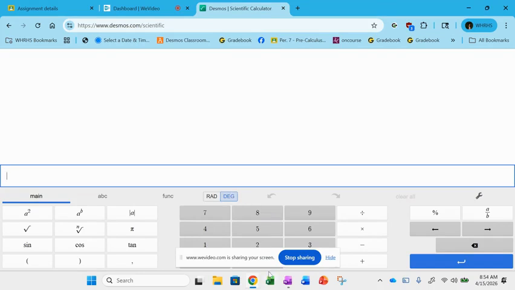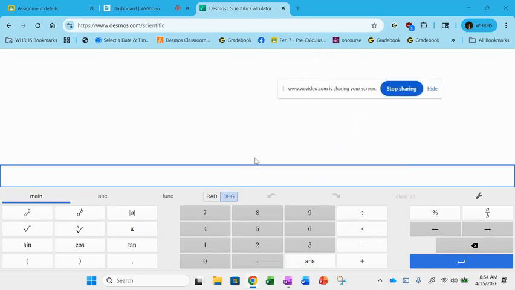Guys, also, I don't know if I ever pointed this out to you, but do you see how it says RAD and DEG? It should always be on DEG. That's degrees. The other one is radians, and you won't use radians probably till calculus. So we're going to do DEG, degrees. So we're going to do 100 times the tangent of 41.